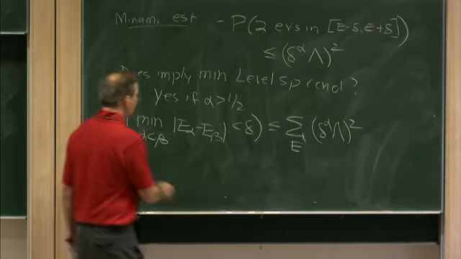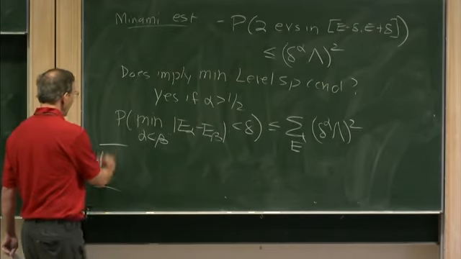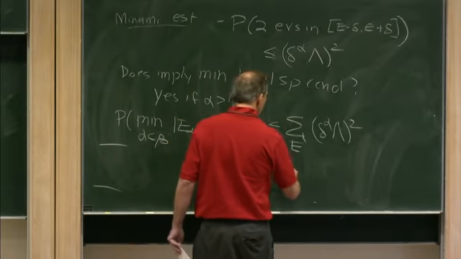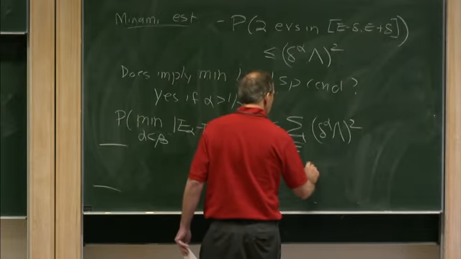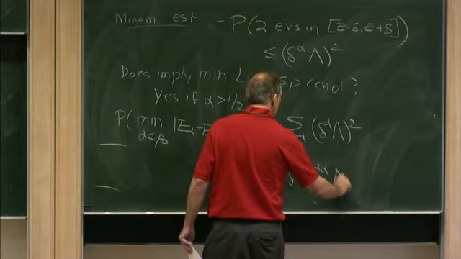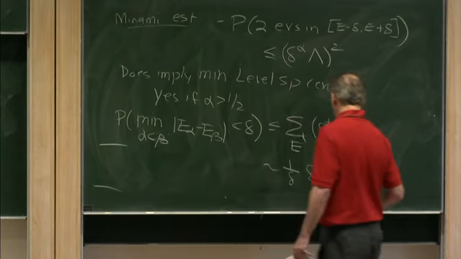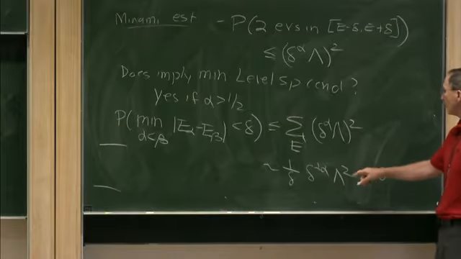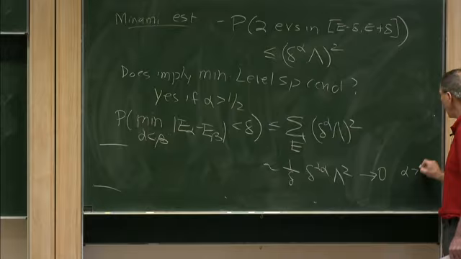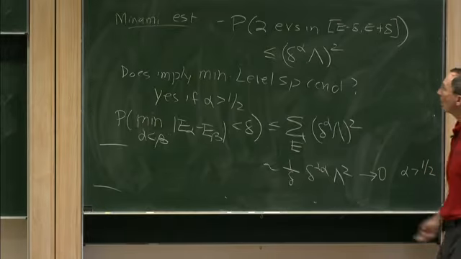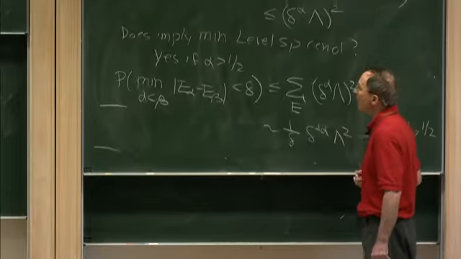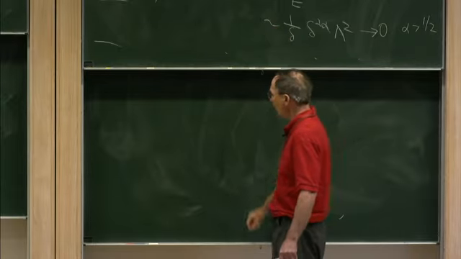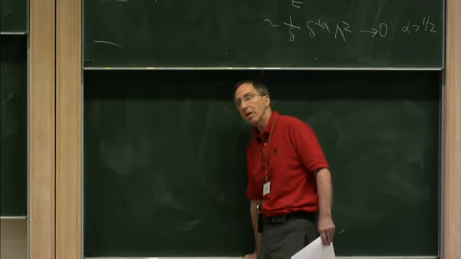Let's say we have a bounded spectrum between 0 and 1 or something like that. The number of terms in this sum is going to be of order 1 over delta. And then we have delta to 2 alpha lambda squared. And this is going to go to 0 for small delta, provided alpha is bigger than 1/2. Okay, so you have a minimum level spacing condition, at least as long as you have Minami and you've got an alpha bigger than 1/2.